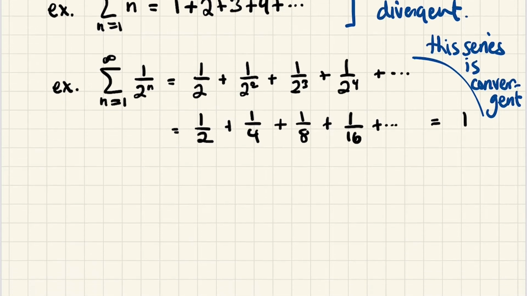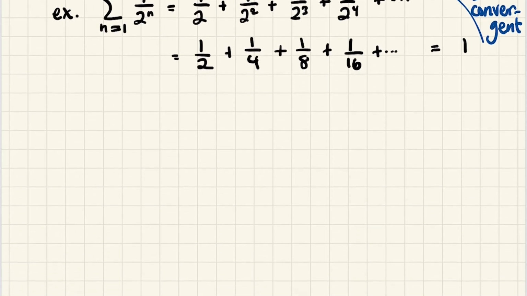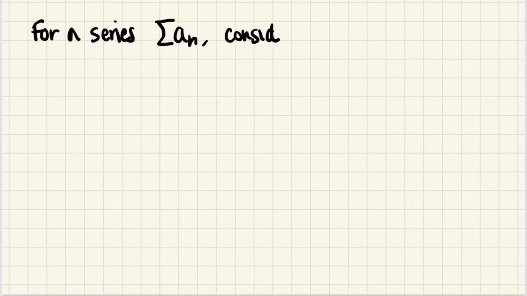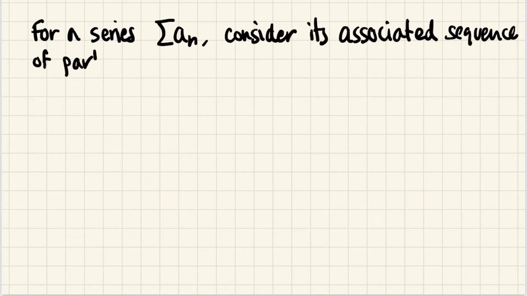Okay, so we do need a rigorous definition of convergence and divergence. So let's figure one out right now. For any given series, a_n, let's consider its associated sequence of partial sums. A partial sum of a series is just the first n terms added together, but not going all the way to infinity.